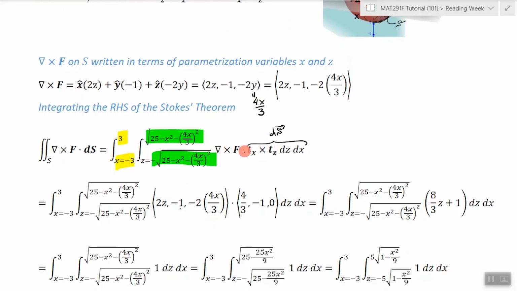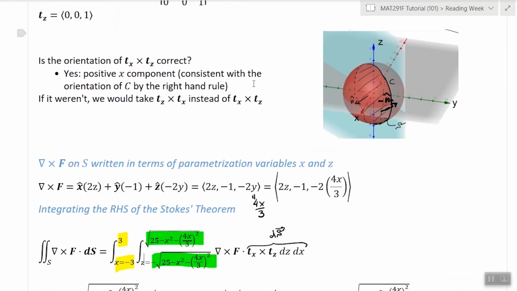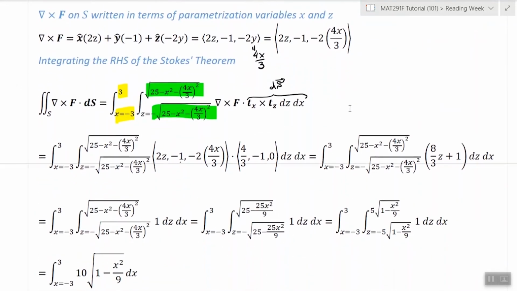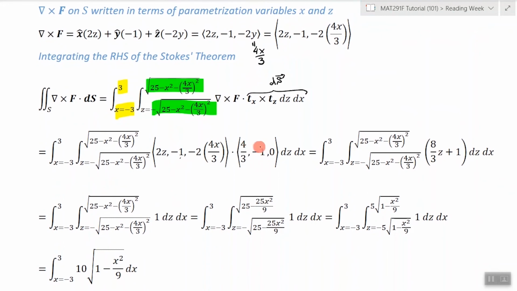Okay, then I plugged in curl of F. So from here, I plugged it into here. I got this. Then Tx cross Tz, which is shown right here, 4/3, -1 and 0. I plugged it in right here, 4/3, -1 and 0. Then I expand this dot product.